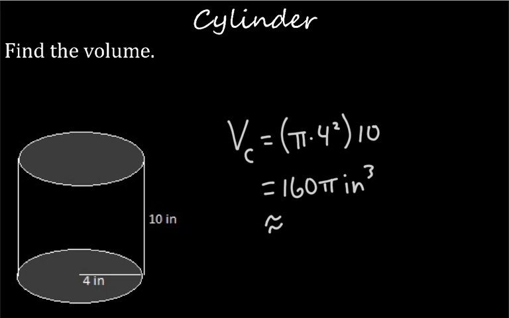And if we want to get an estimate for that, we multiply 160 times pi, and we get about 502.7 cubic inches. So here, the area of that circle times the height.